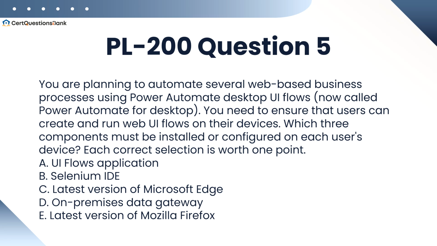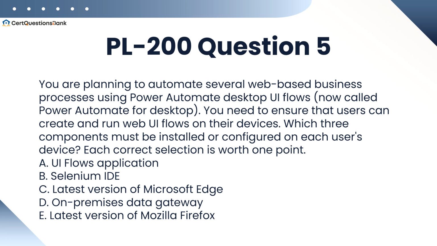You are planning to automate several web-based business processes using Power Automate Desktop UI flows, now called Power Automate for Desktop. You need to ensure that users can create and run web UI flows on their devices. Which three components must be installed or configured on each user's device?